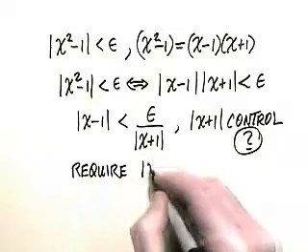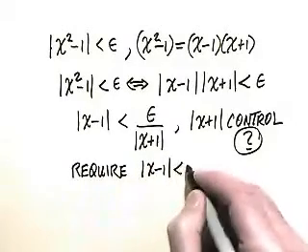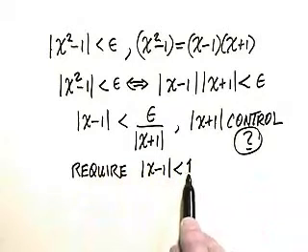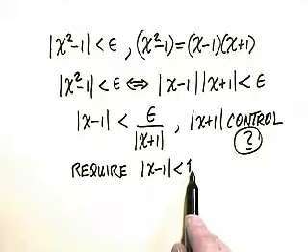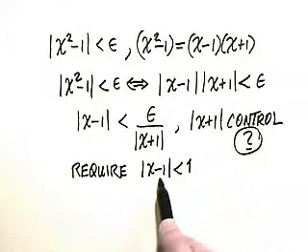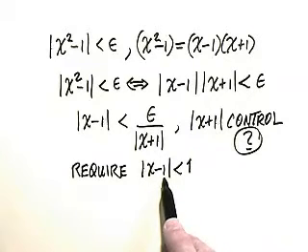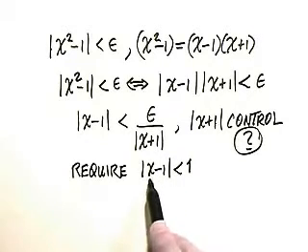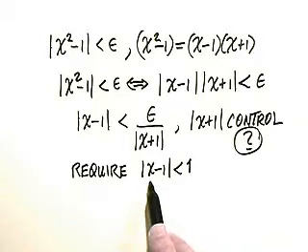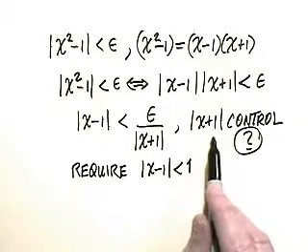Now, what can we say about absolute value of x when x can be at distance at most 1 from the number 1? Well, notice if x can be at most distance 1 from the number 1, the biggest x could be is 2, and so consequently the biggest x plus 1 could be is 3. And so that guarantees that absolute x plus 1 is less than 3.